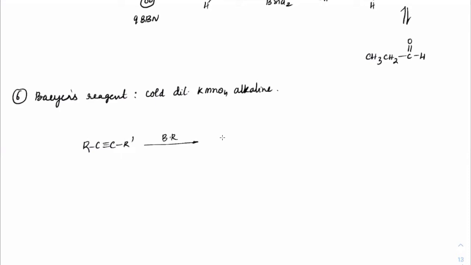We get RC(OH)(OH)C(OH)(OH)R dash, and that would be an unstable form. So it will remove water to give alpha diketones.